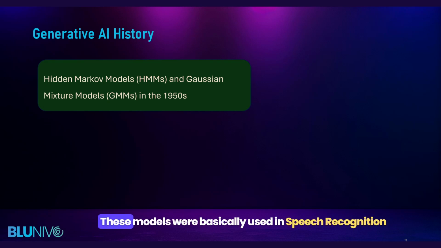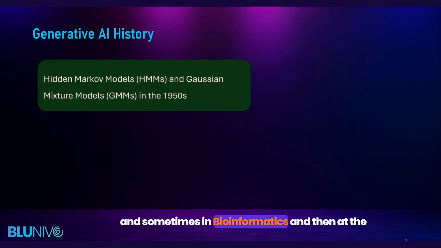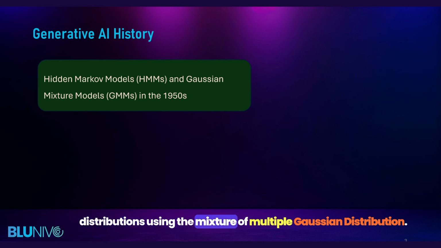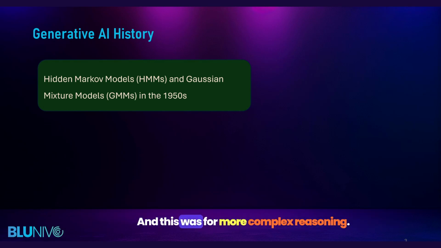These models were basically used in speech recognition and sometimes in bioinformatics. And at the same time, we had the GMM, which created a method to model data distributions using a mixture of multiple Gaussian distributions. And this was for more complex reasoning.